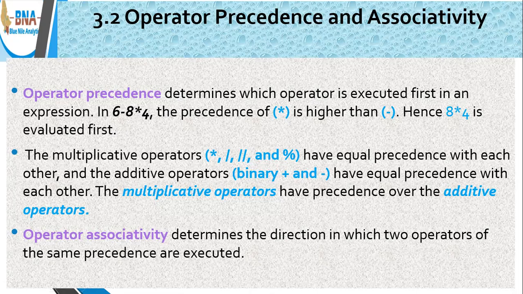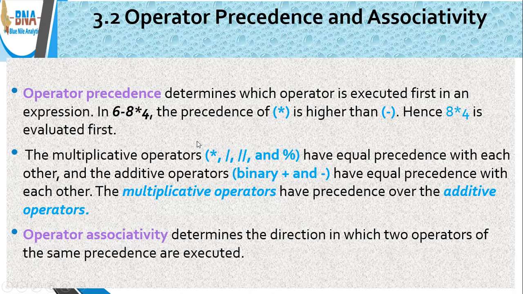The multiplicative operators, multiplication, division, integer division, and modulus, have equal precedence with each other, and the additive operators, binary positive and negative, have equal precedence with each other. That means that wherever there is a division and a subtraction, the compiler will perform the division first.